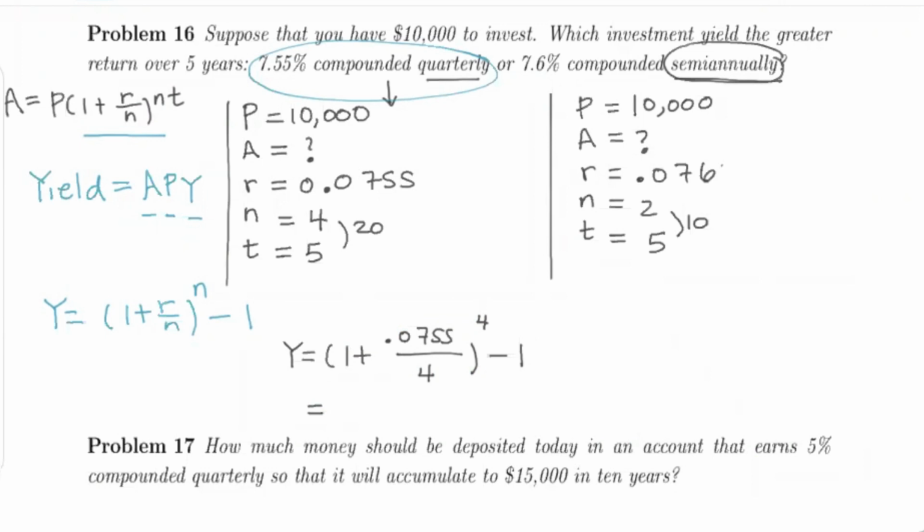Open parentheses, 1 plus 0.0755 over 4, close parentheses, to the power 4, minus 1. You should have 0.0776646 and so on. Convert to percent, 7.766%. That's the yield.